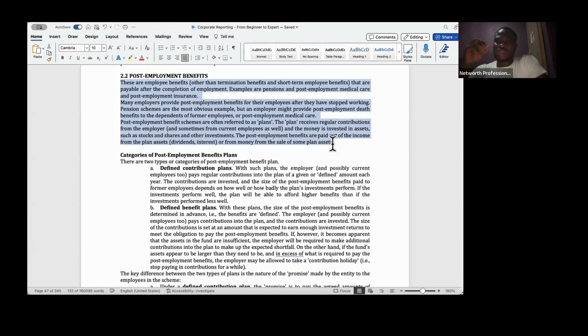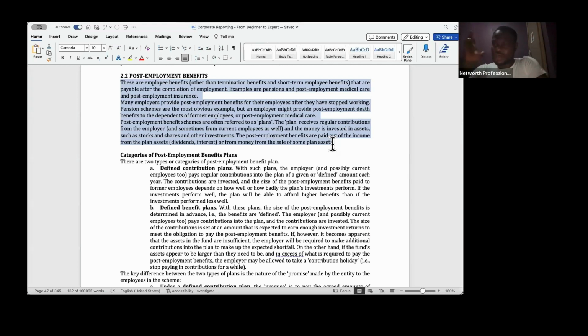That is where those benefits will be kept, and the focus of post-employment benefits is around this plan or scheme. How you account for post-employment benefits is all about the plan or scheme that the entity is maintaining.